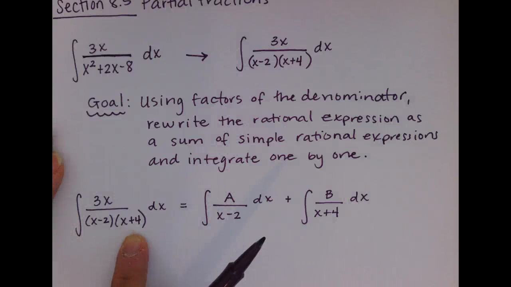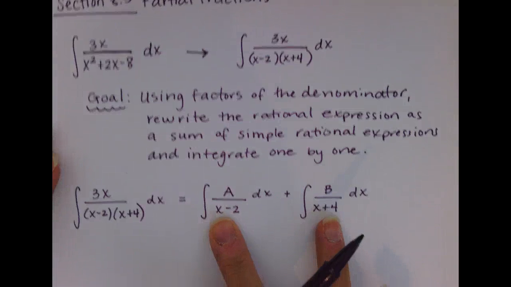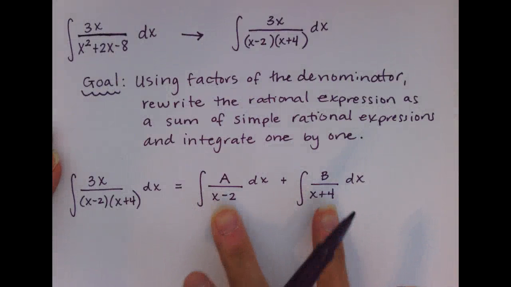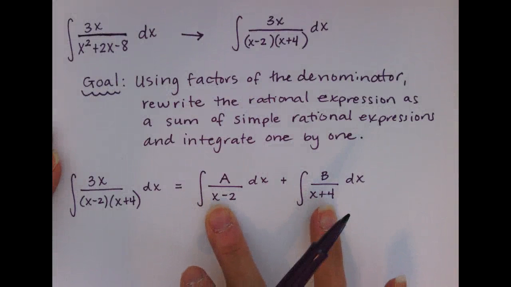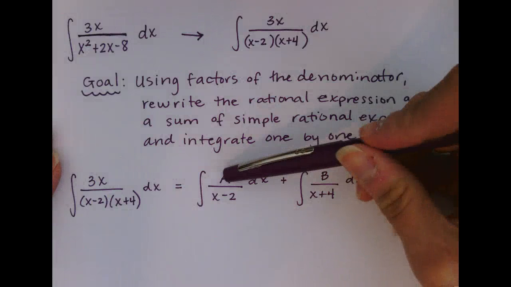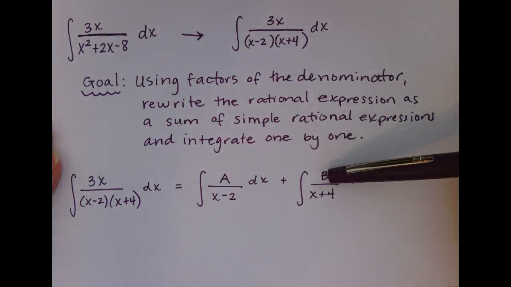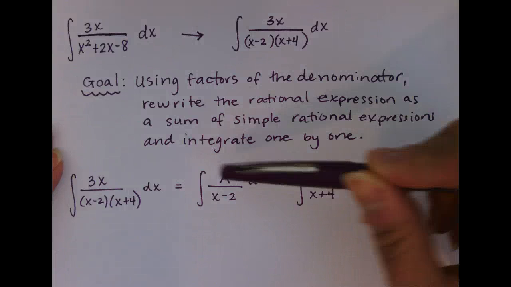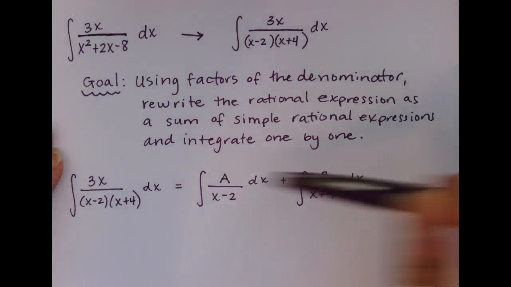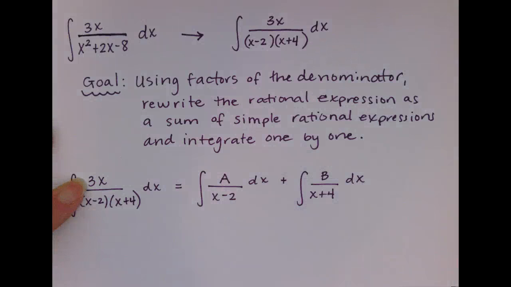And so it kind of goes back to getting a common denominator, right? If we were to add these two fractions together, getting a common denominator would require us to multiply the numerator of this fraction by x plus 4 and the numerator of this fraction by x minus 2, and together those two numerators should add up to equal 3x.